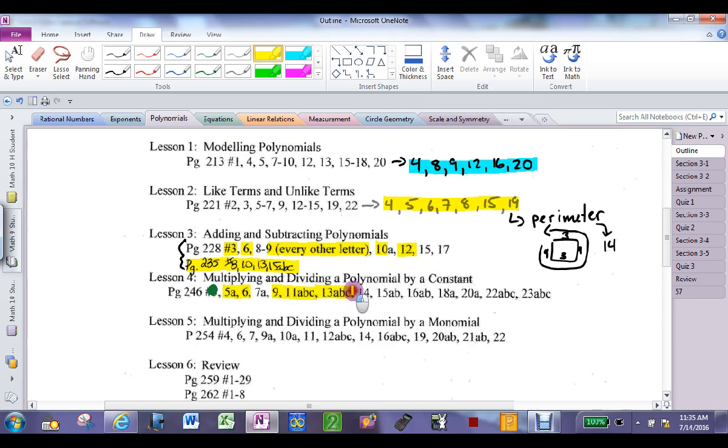You're going to do 13. You're going to do 15 A and B. You're going to do 16 A and B. You're not going to do 18. You're not going to do 20. You are going to do 22. And you are going to do 23.